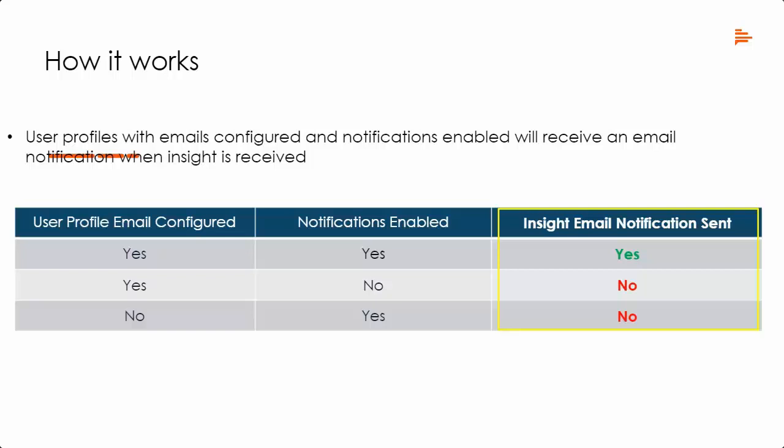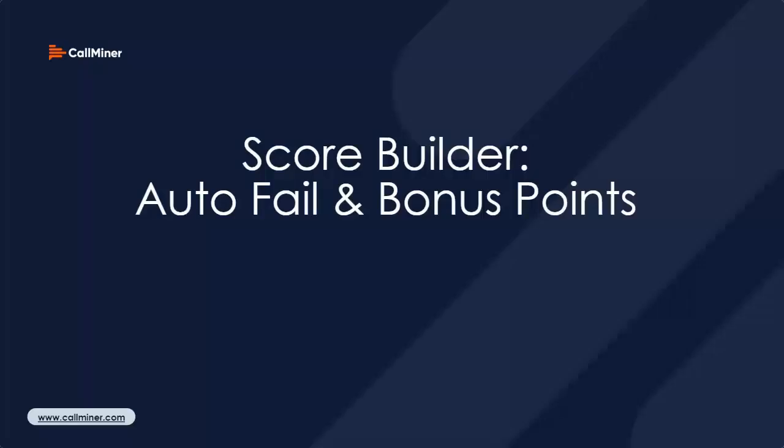In terms of user profiles with emails configured and notifications enabled, this chart shows that we do have some customers that don't use email addresses for their user accounts. Of course, if we don't have an email address, we won't be able to send the notification. However, if they have configured the user profile email and also configured notifications, then we will send the email notification to those folks.